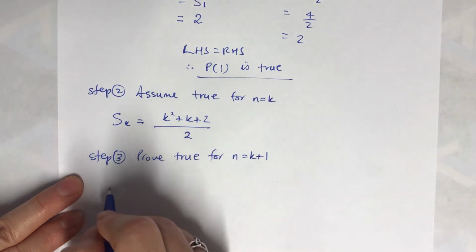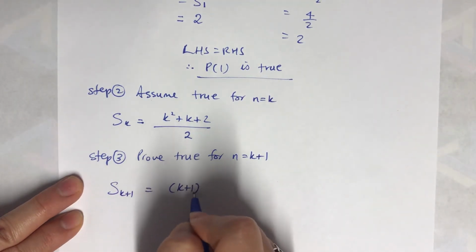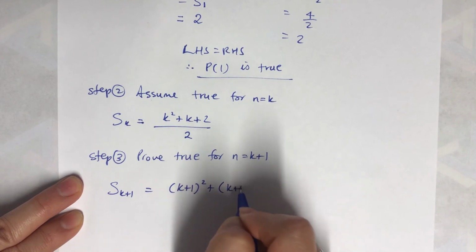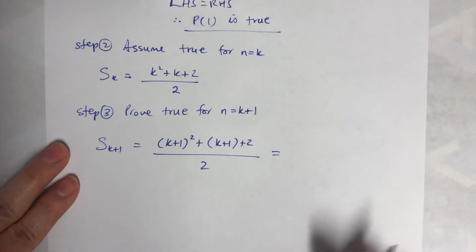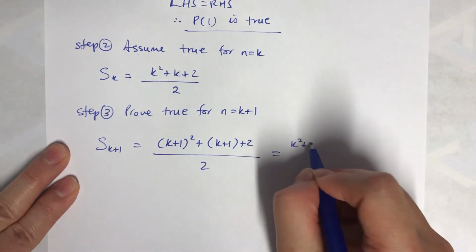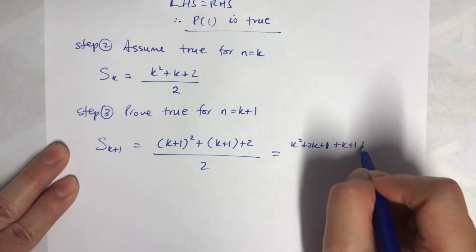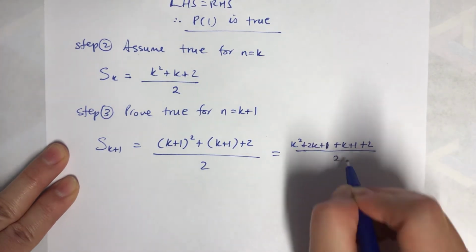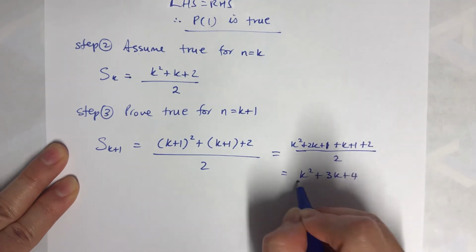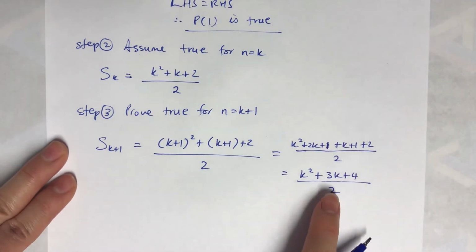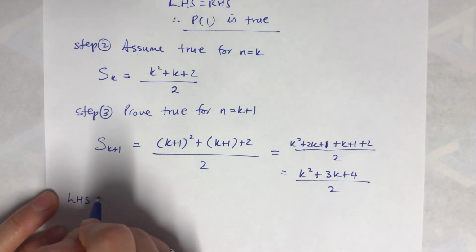So I'm going to do S(k+1). If I expand this, I'll get k squared plus 2k plus 1 plus k plus 1 plus 2 all over 2, which is k squared plus 3k plus 4 all over 2. If I can get that, that'll be all good. So I'm going to go with the left hand side.